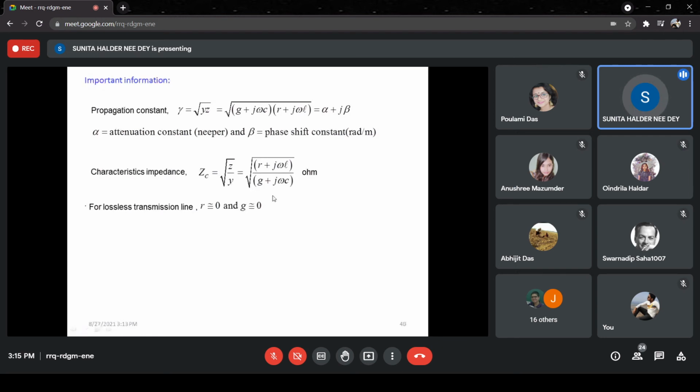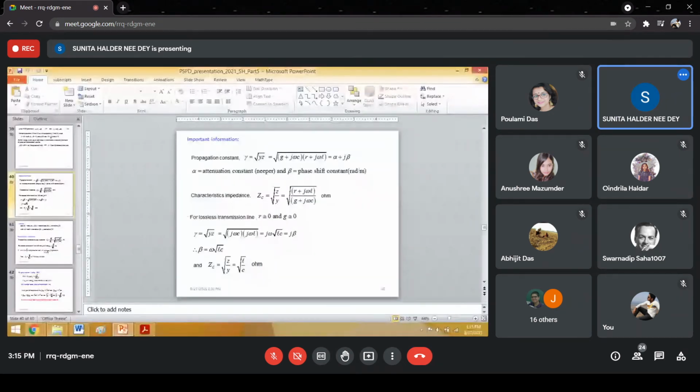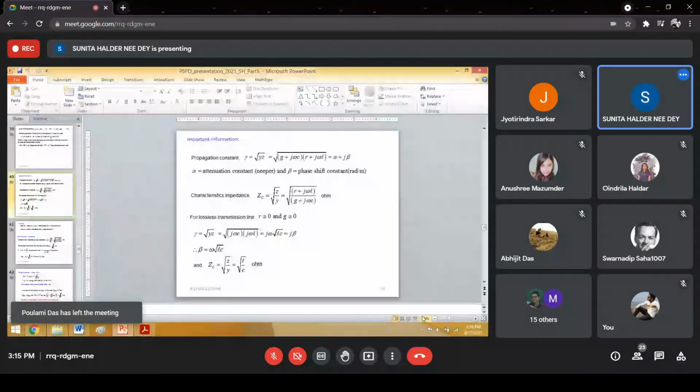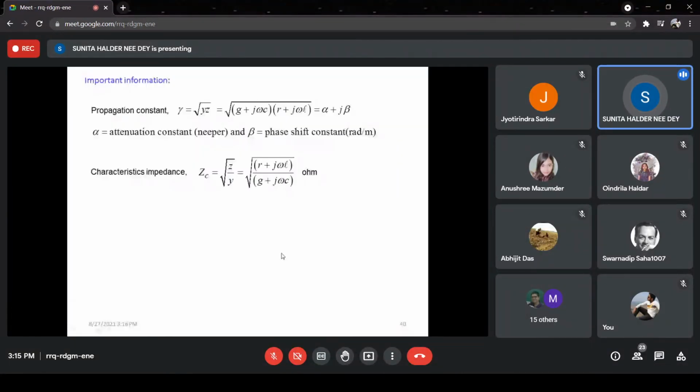So that is called the lossless transmission line. So R and G are generally neglected. So this is the lossless transmission line.